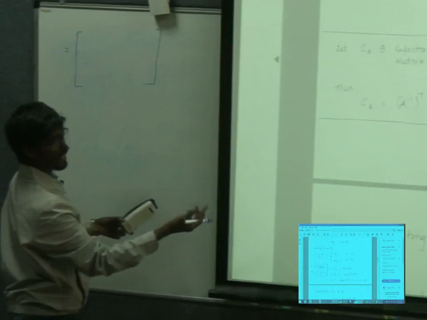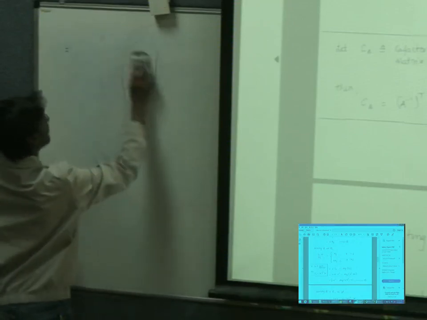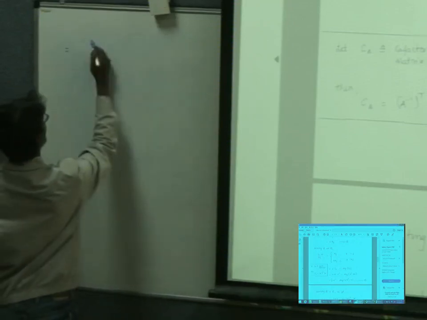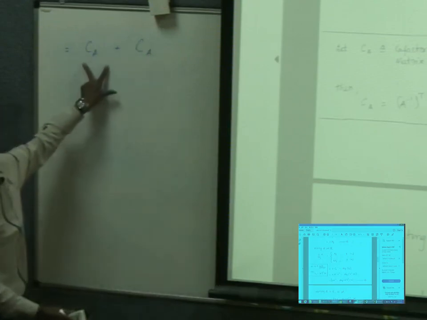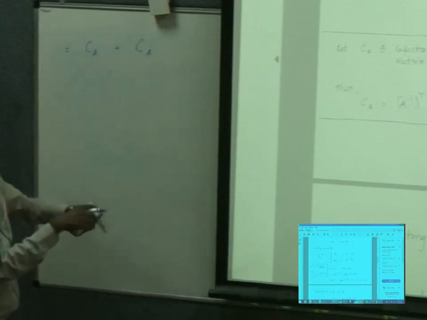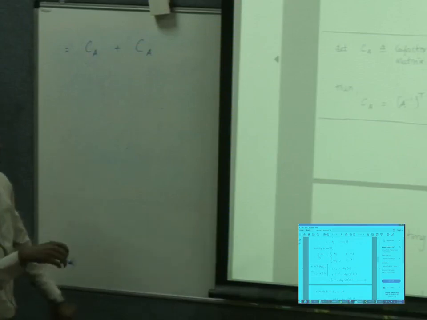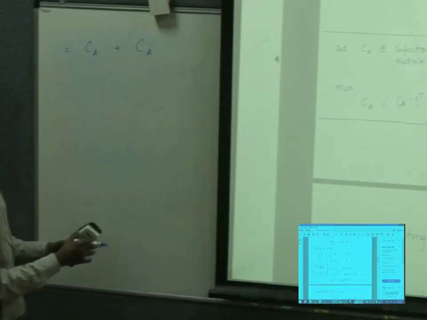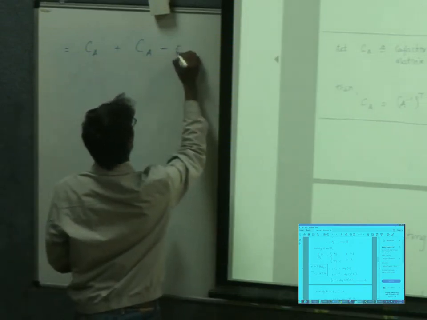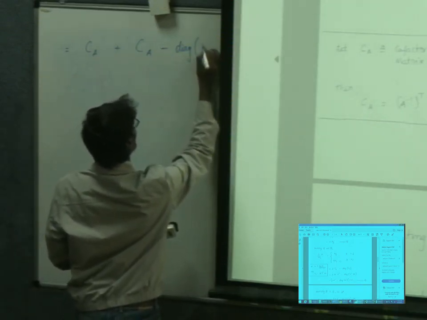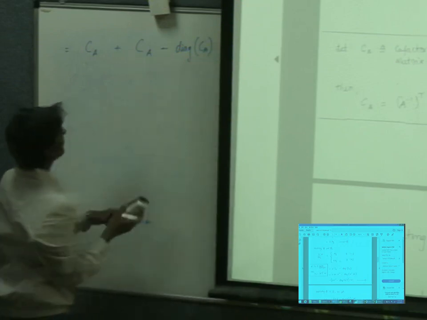Let's call CA the cofactor matrix, which is nothing but CA plus CA. This is 2CA for all the elements. But in the diagonal elements, I don't have one of the cofactor elements. So you just have to subtract the diagonal of the cofactor matrix.